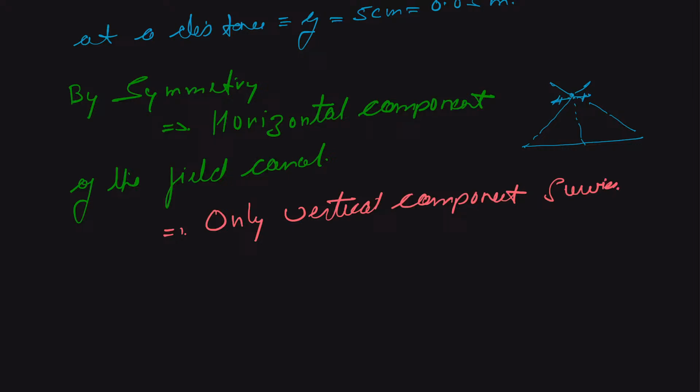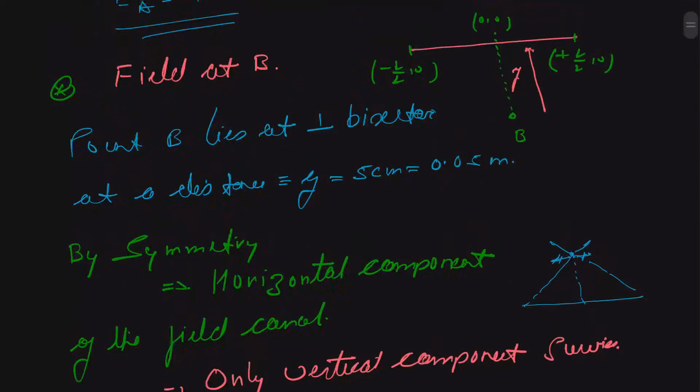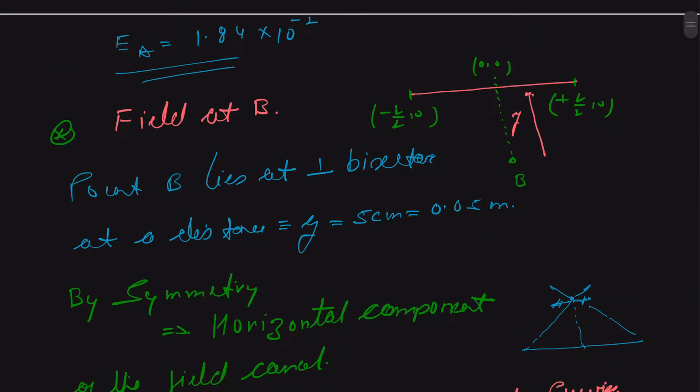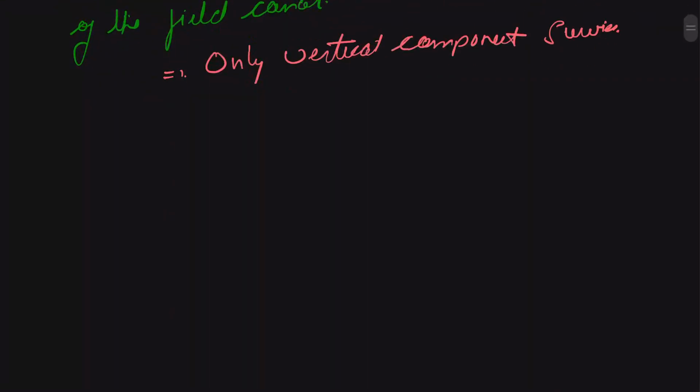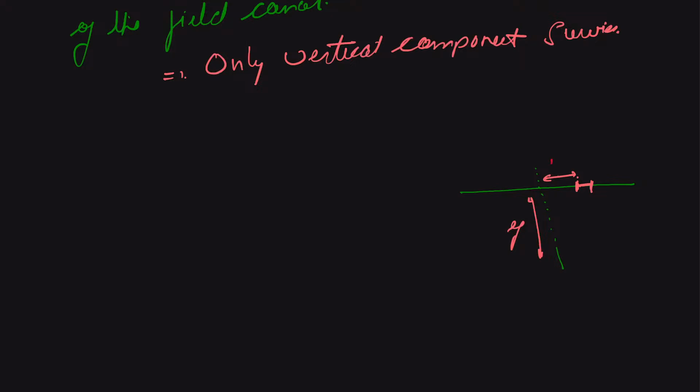And once again, let us consider a small point at a position x. So this was our rod, and we consider a small point that is at a distance of x, and this is our y. So it is having a charge dq, and length is dx.